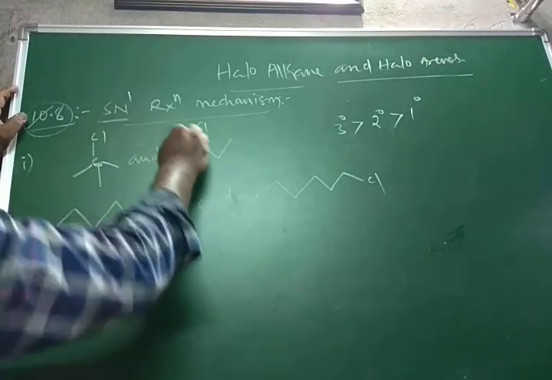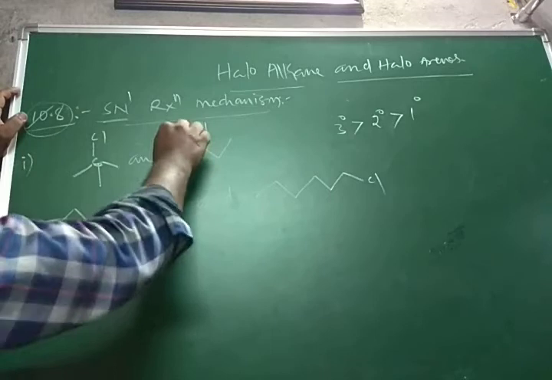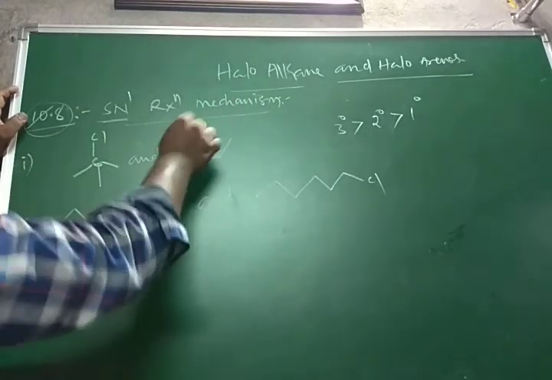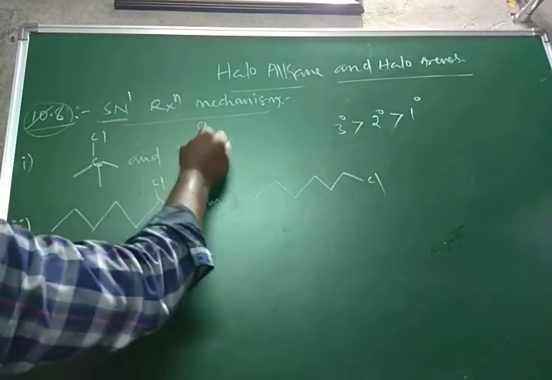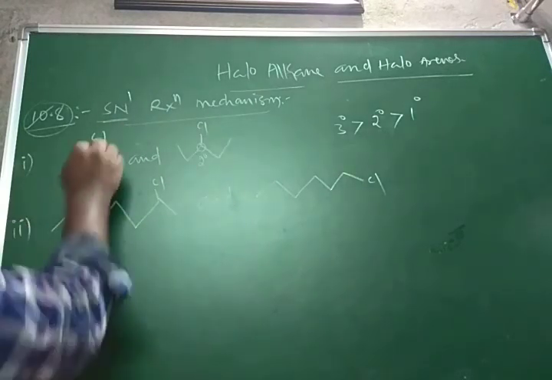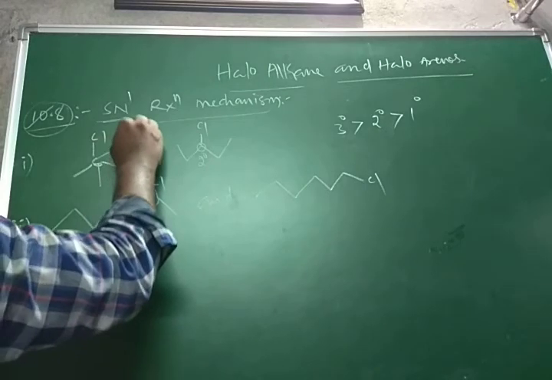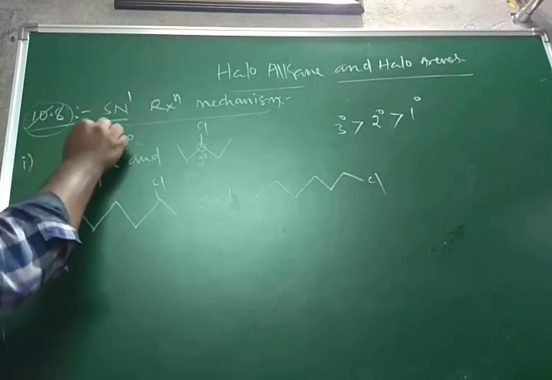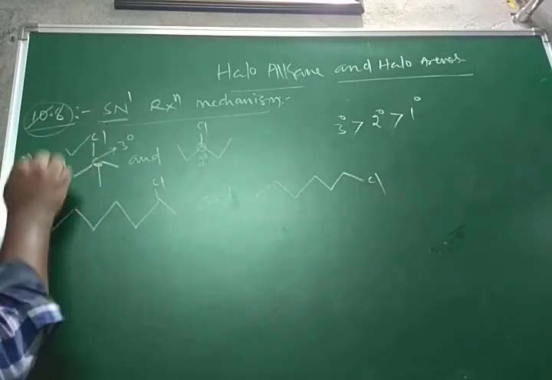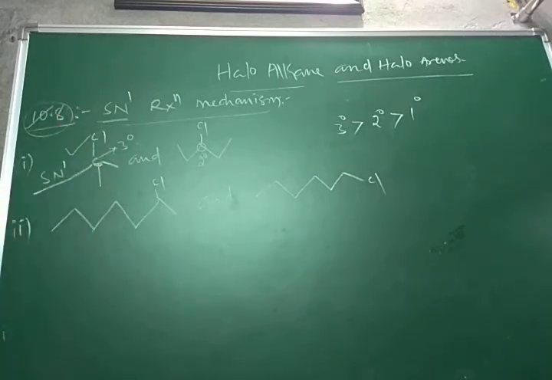And here 1 2 3 4 5, 1 2 3 4 5, and the position is 3 chloropentane. In this one, this carbon is secondary carbon, and here this carbon is tertiary carbon. That's why this tertiary carbon containing haloalkane will follow SN1 reaction more than secondary.